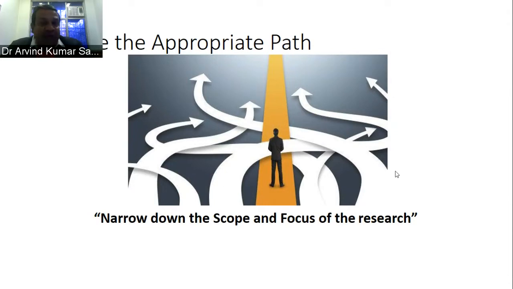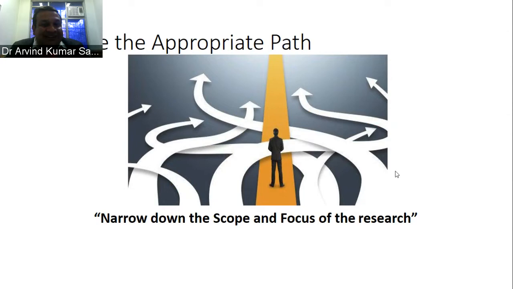When we say scope of research, it means drawing the boundaries. The boundaries can be geographical location, or they can be subject specific. For example, there is a research issue in some particular field that is worldwide, but you as a researcher may not be able to conduct the research on the entire world.